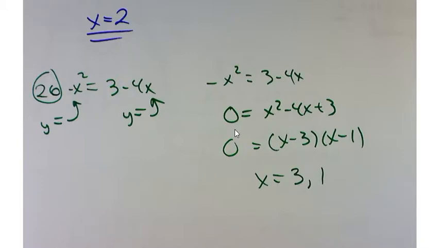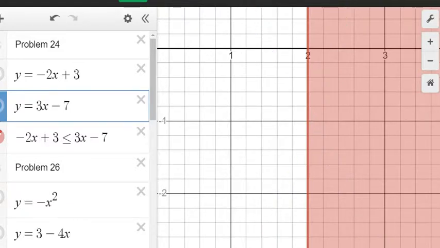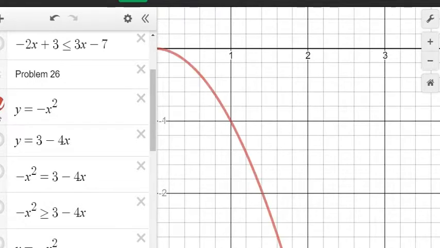Now, some of this might be a little bit of overkill in terms of solving this equation this way, but it's a matter of getting used to these graphs. So let's shut off these ones here and turn on the next set. So down here, problem 26. And I'm going to adjust the graph here a little bit so that it shows up a little bit better.